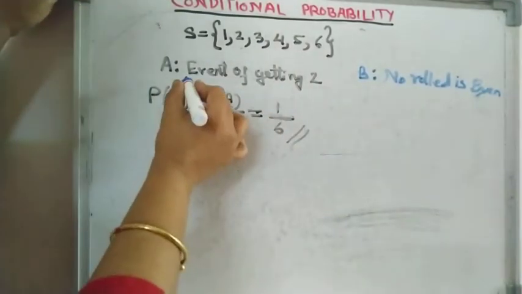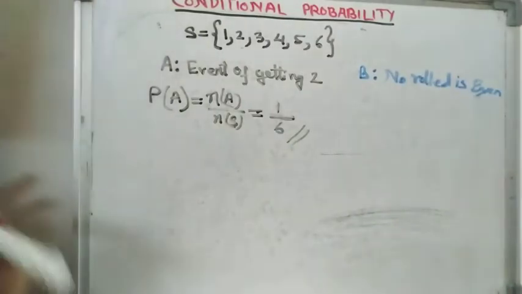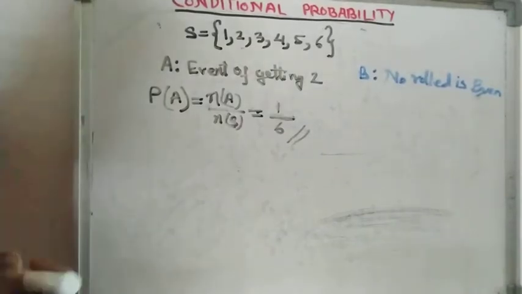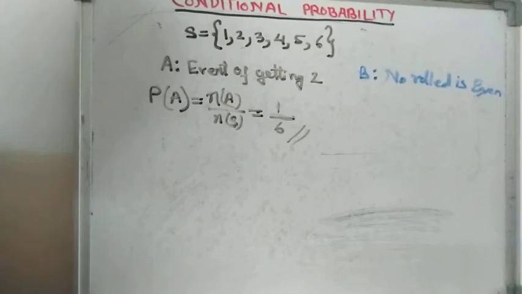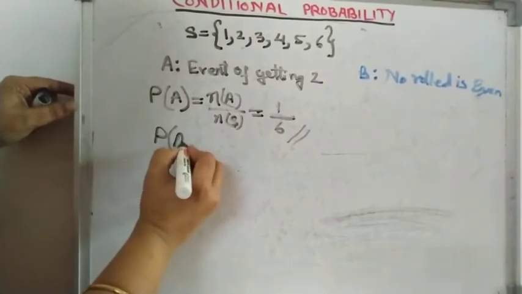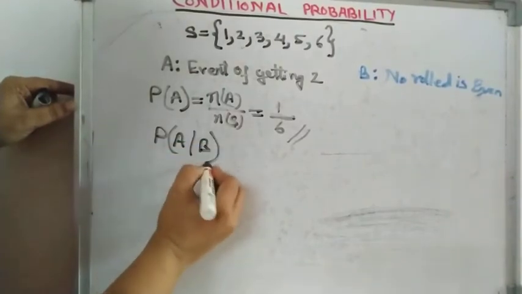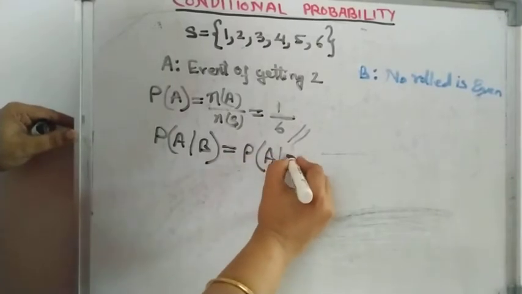What is the probability of getting 2? The hint is given that the number rolled is an even number. Now what is the probability of getting 2? So we are asked to find the probability of A given B. It is the probability of A given even.